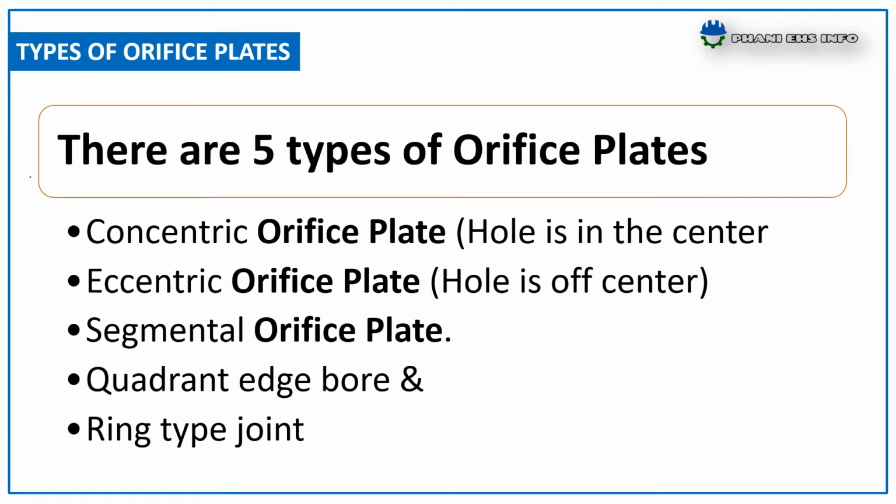Types of orifice plates. There are 5 types of orifice plates: concentric orifice plate, eccentric orifice plate, segmental orifice plate, quadrant edge bore, and ring type joint. First one, concentric orifice.